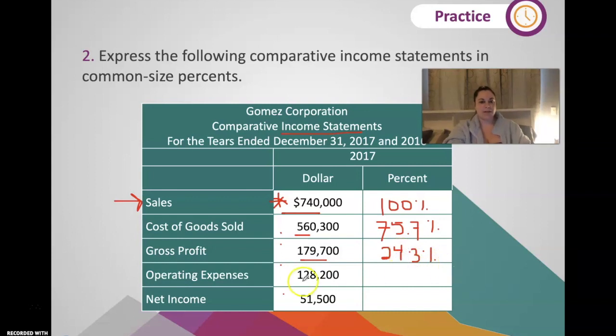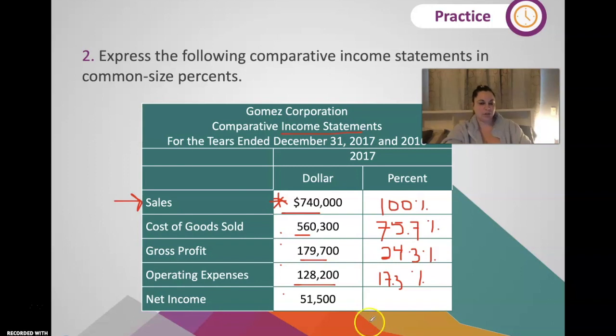Okay, operating expenses, same thing, 128,200 divided by the base, 740,000, times 100, 17.3%. Okay, and finally, 51,500 divided by 740,000 times 100.